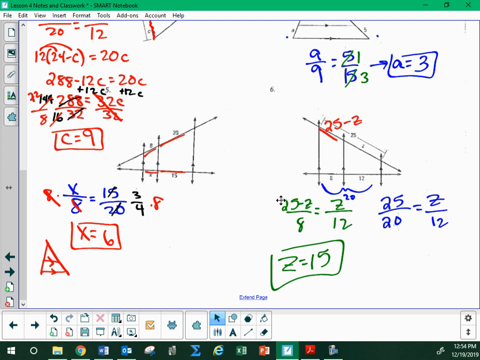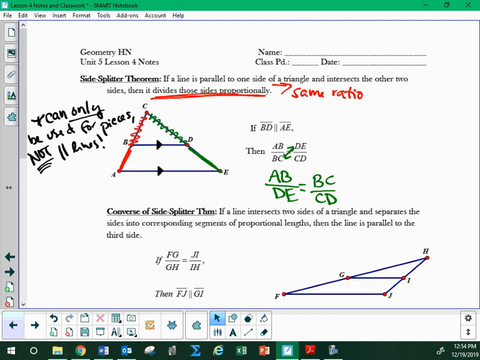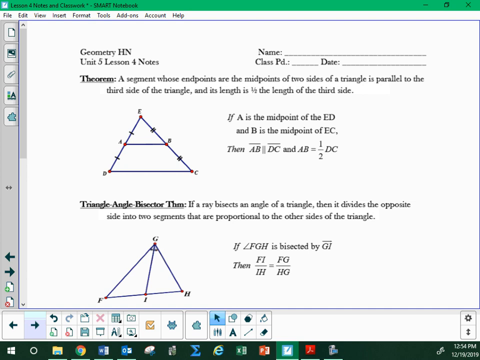All right, let's go ahead and flip over our notes. We'll go back to our notes here. Now this theorem here, this is our triangle mid-segment theorem. You can go ahead and write that in. Triangle mid-segment theorem.